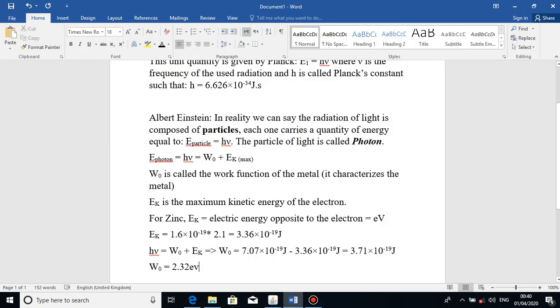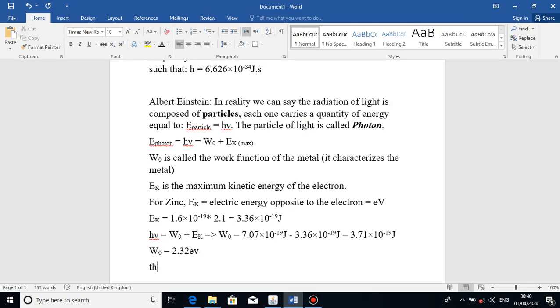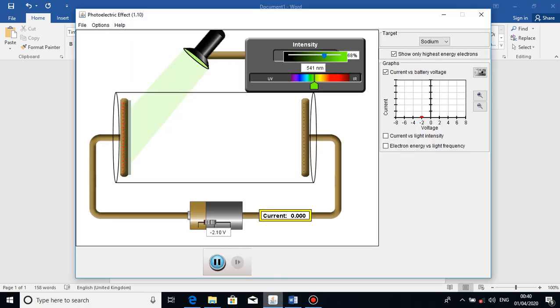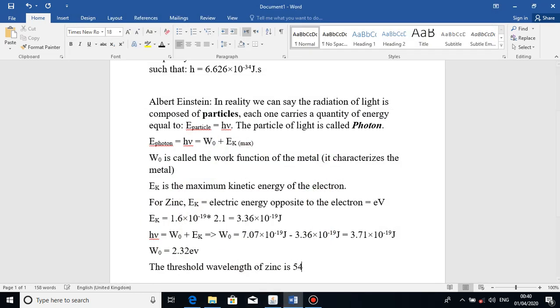So I can say the threshold wavelength of zinc is 540 nanometers. This is the threshold wavelength.